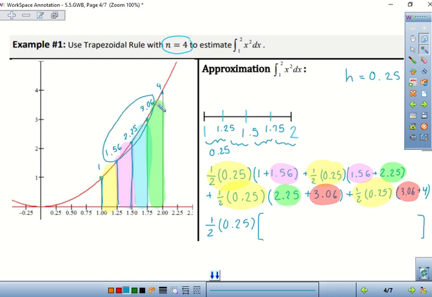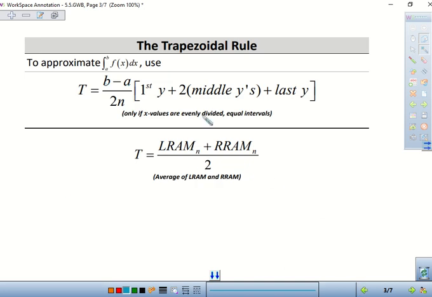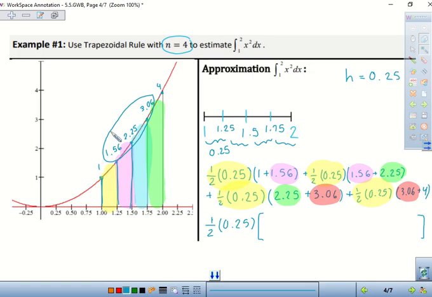They're in the middle. You see how in the formula it says you can do 2 times the middle y's? That's where that comes from. Instead of doing all of this, you know that the middle ones are going to be used twice, okay? So you have the outer sides plus the middle ones times 2. And then, of course, the end as well. So now do you get a better understanding of why the formula works the way it does?